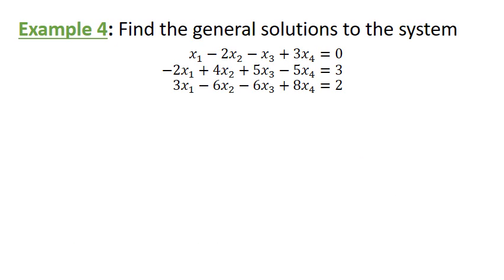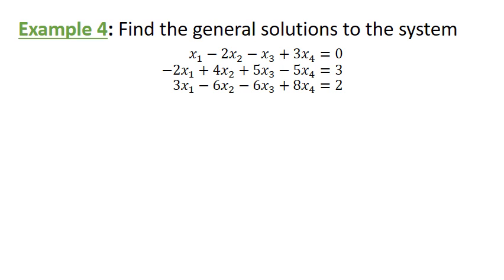In this example, it says find the general solution to the system. So an example of a general solution was shown to you a few slides back, and that's when you solve for x1, x2, x3, and x4, and you may or may not have a free variable. When we find the general solution, the initial process is exactly the same, and the previous slide shows you what to do.